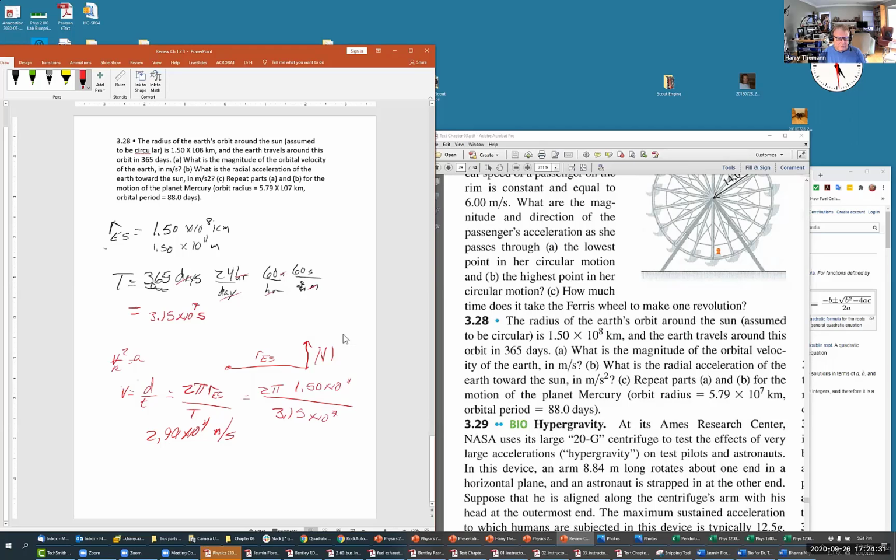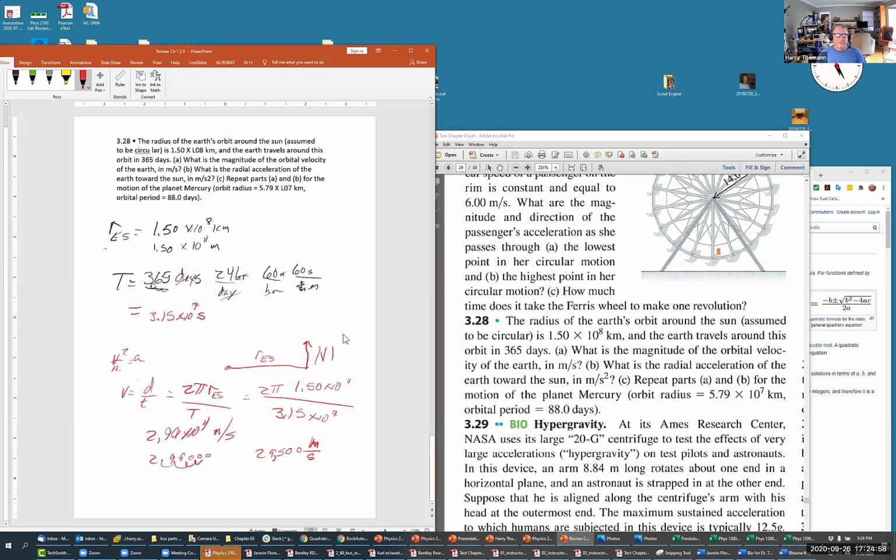So that's about 29,000 meters per second, huh? That's damn fast.